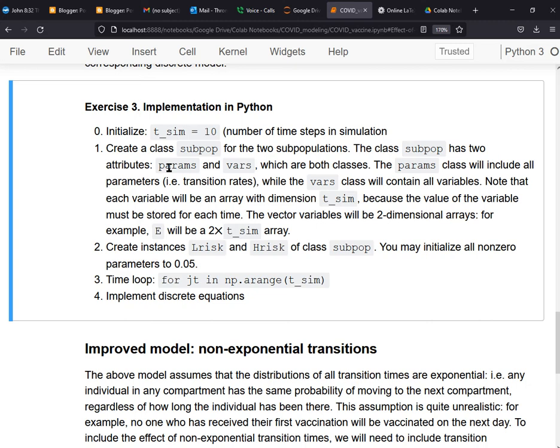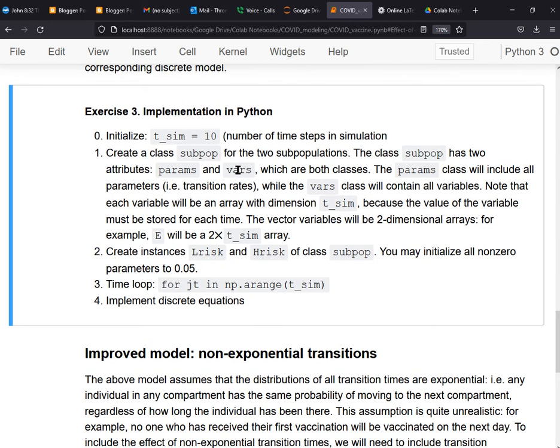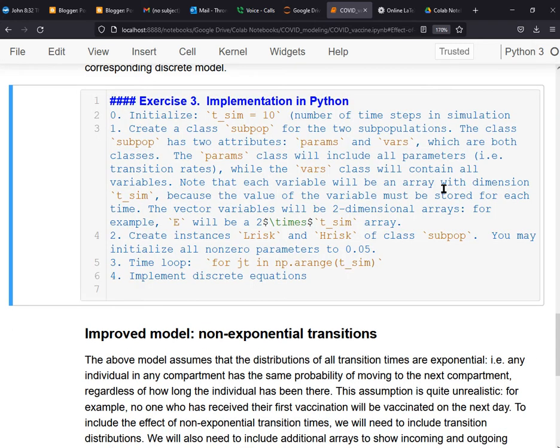These attributes are both going to be classes in their own right, because for params we have several parameters, and for variables we have several variables. The params class will include all parameters, i.e. the transition rates. The vars class will contain all the variables, i.e. compartments.